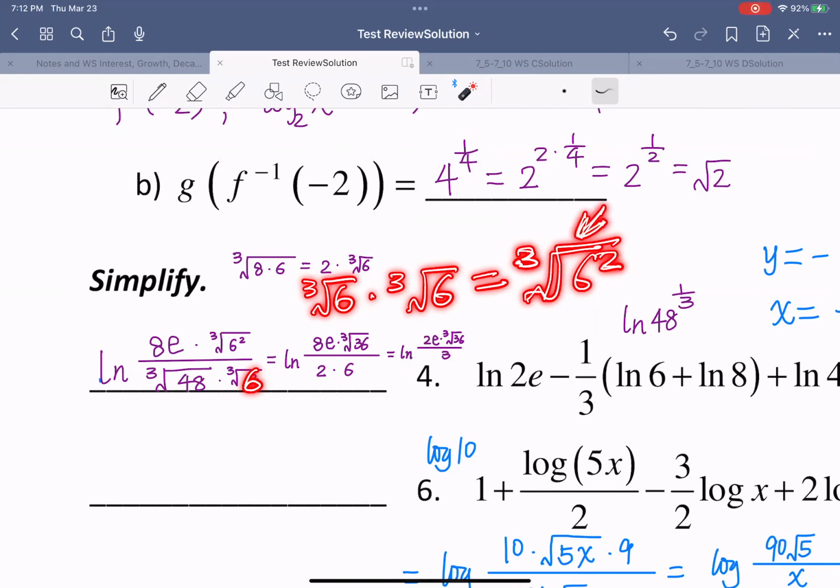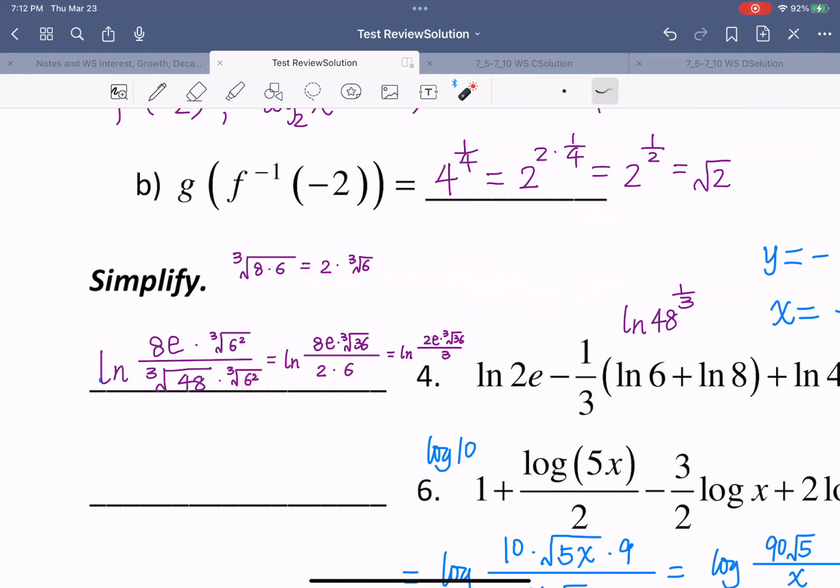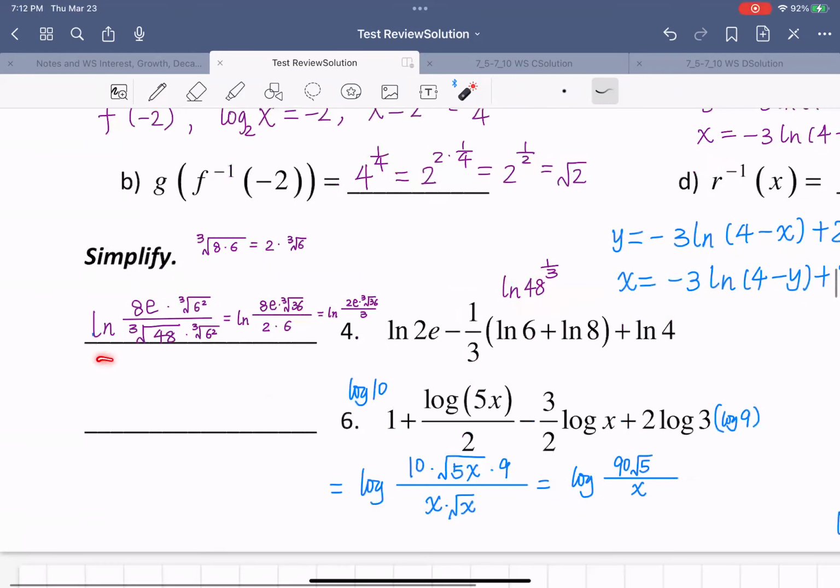Does this answer the student question? Some people ask, why do you multiply by 6 squared? Because you want to get rid of this cubic root, you have to make the exponent inside to be 3. Any other question here? This part is very easy to make a mistake. Next.